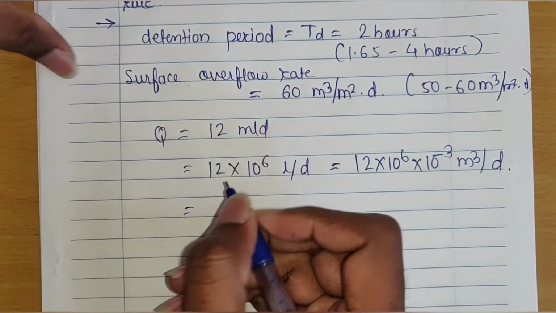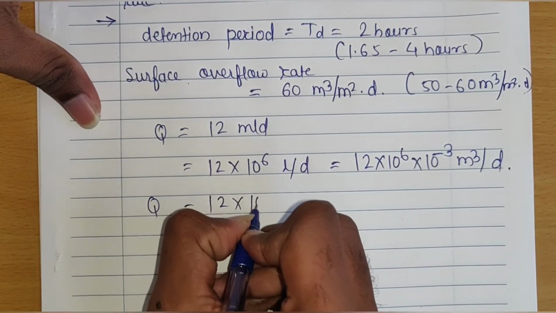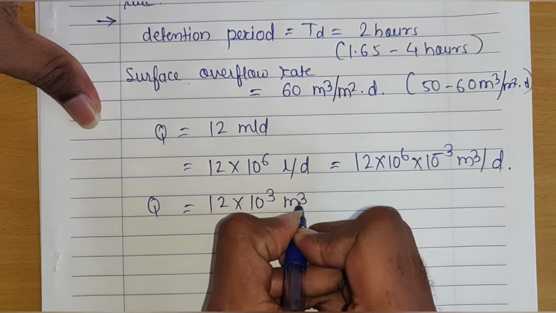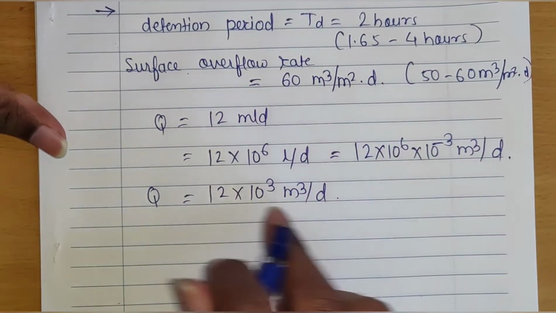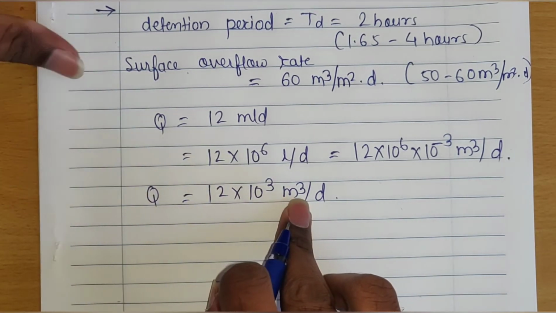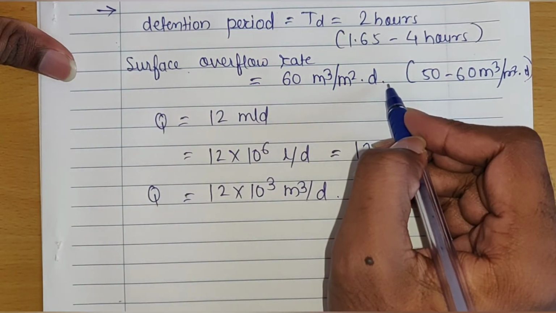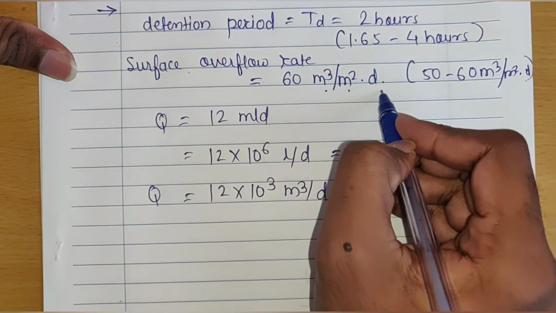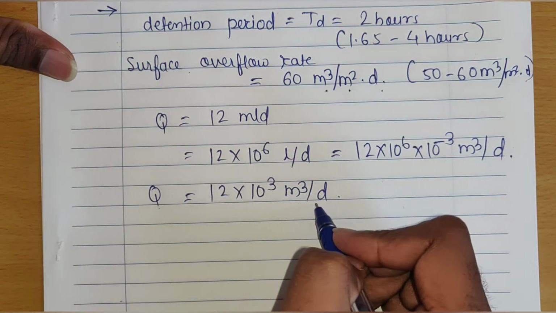Therefore the value of Q is 12 into 10 raised to 3 meter cube per day. Let us keep the flow rate in meter cube per day, because the surface overflow rate we have assumed is in meter cube per meter square per day.